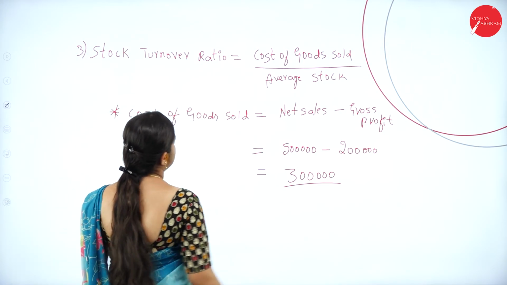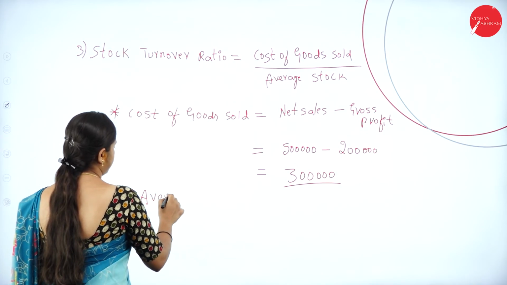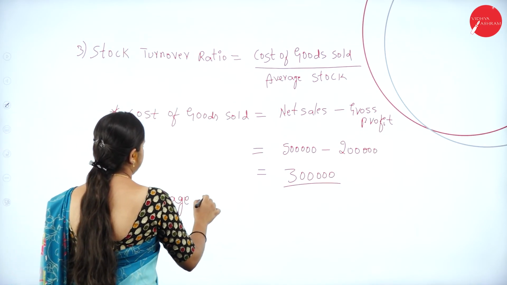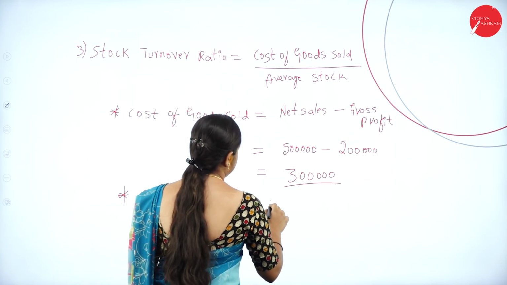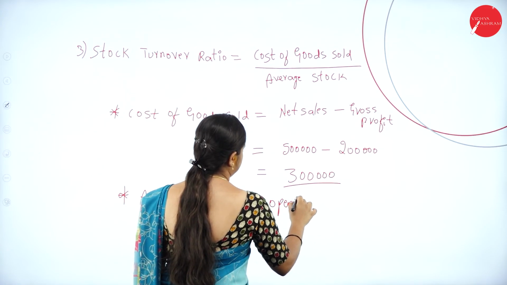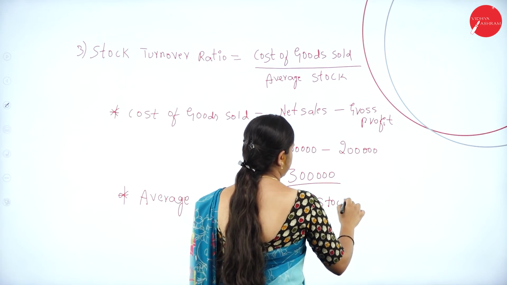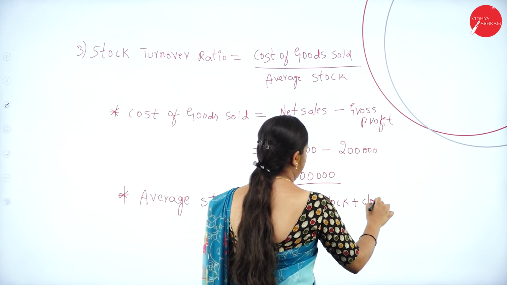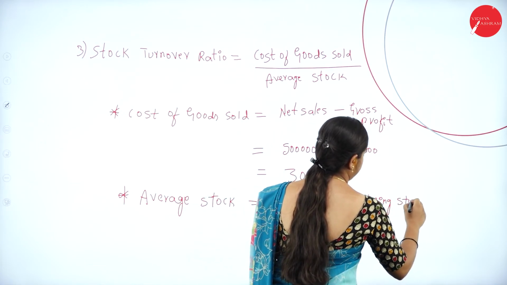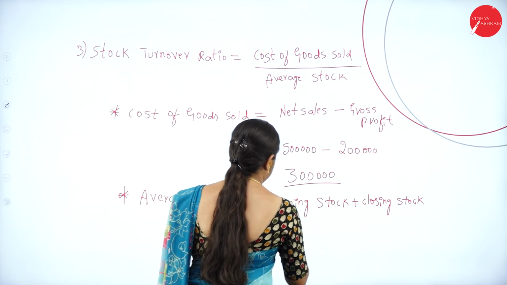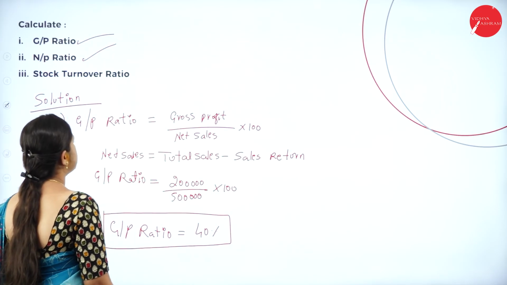Then average stock. Calculate average stock. Average stock is equals to opening stock plus closing stock divided by 2. Now write opening stock.